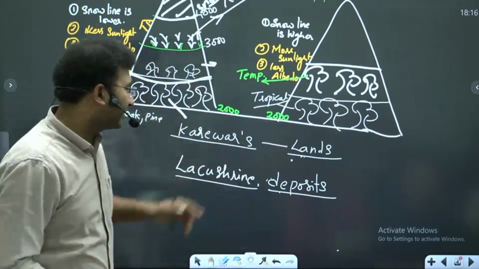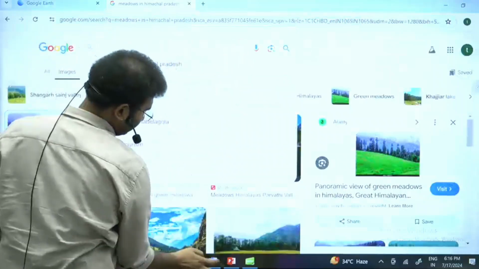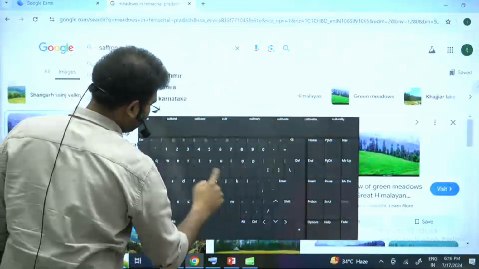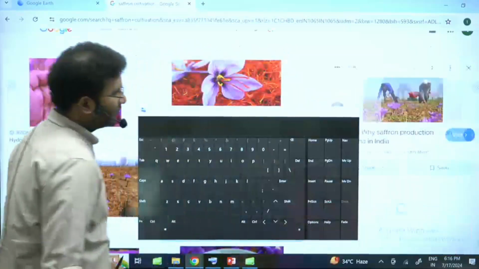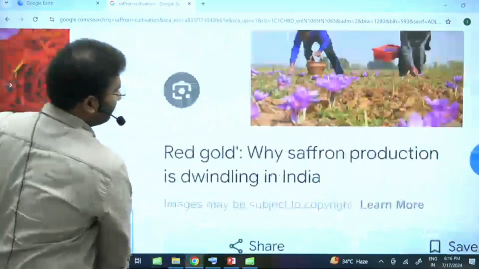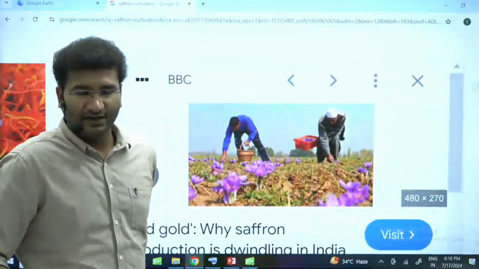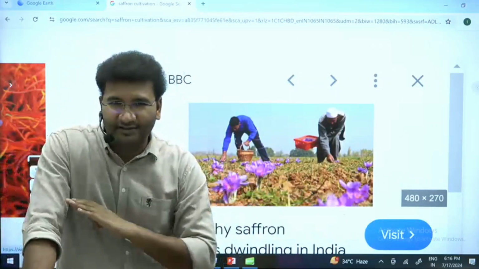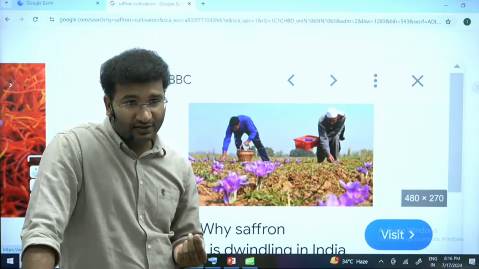Why? Because in the Kashmir, you find what cultivation is done here? So these are the saffron cultivations. Okay? Native of India. Saffron cultivation is very native to India, which is done only in Kashmir, because saffron cultivation needs a little plain area and deposits of glacier, because glacier has more calcium, right?